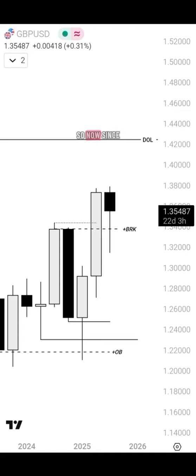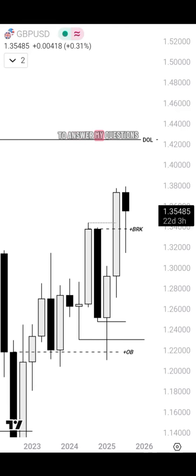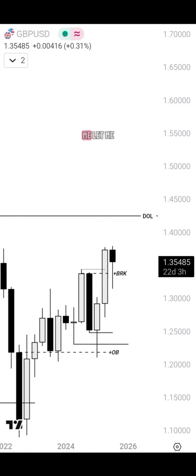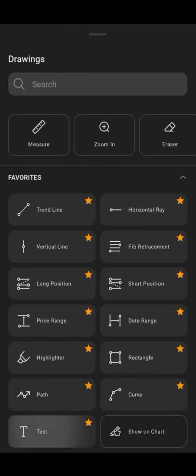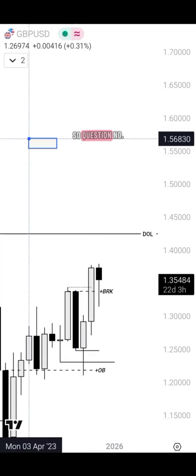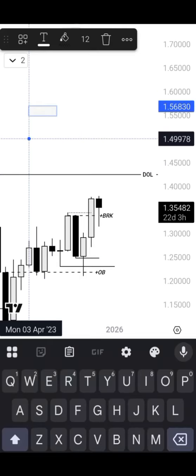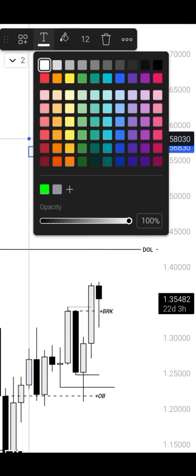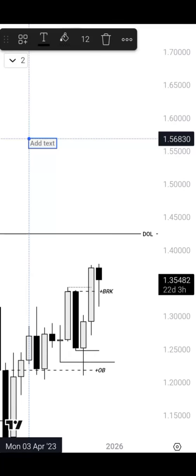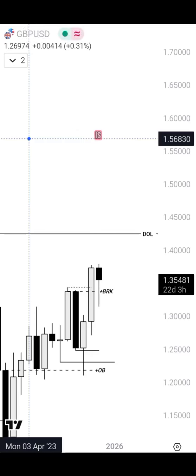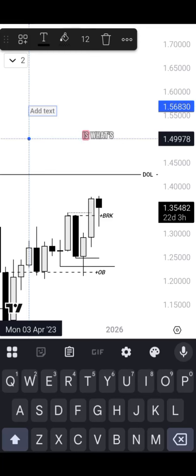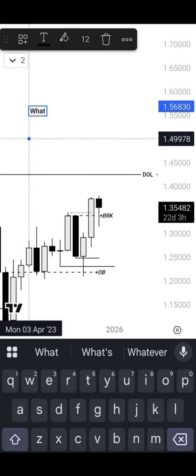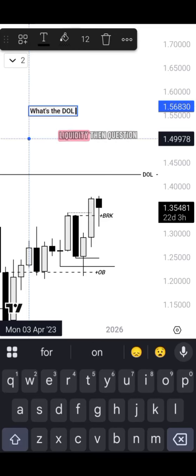So now, since I've been able to answer my questions, let me write them out. Question number 1 is what's the draw on liquidity?